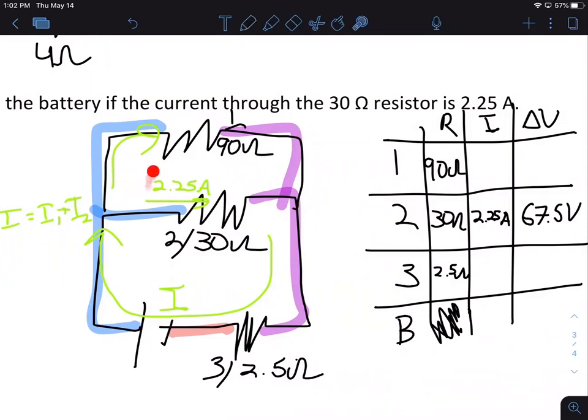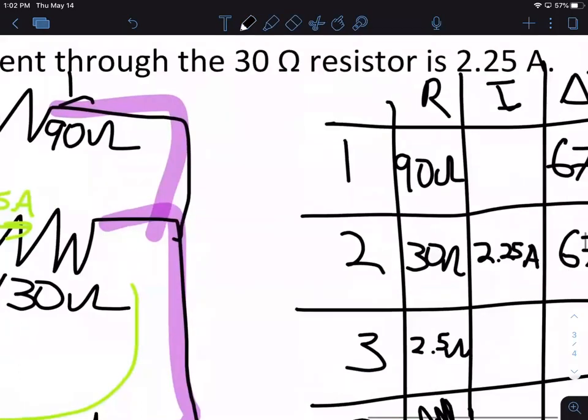So going from blue to purple is a change of 67.5. Resistor 1 is also going blue to purple, so it also has a change of 67.5. Well, now I can find a current: 67.5 divided by 90, because delta V equals IR. So current of 0.75.